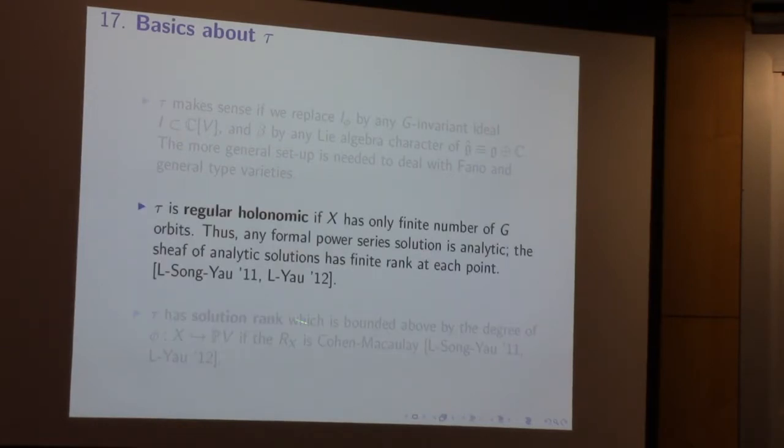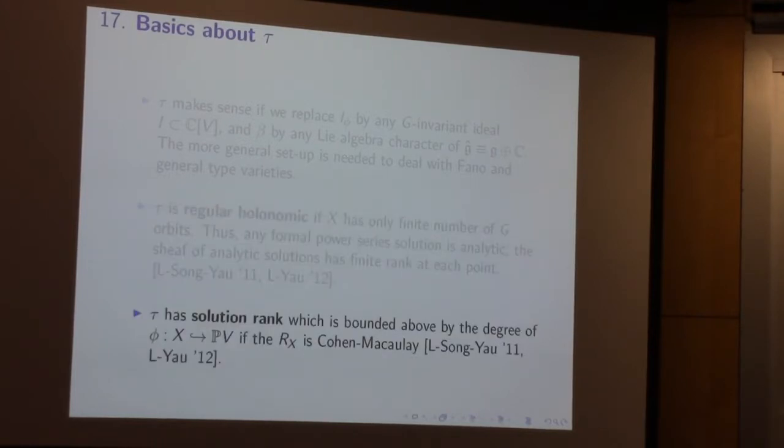This basic result is proved in two earlier papers, with Song and Yao, and Yao and myself. The second basic property is that there's a bound on the generic rank of the D-module, under the condition that the embedding coordinate ring R_X is Cohen-Macaulay.